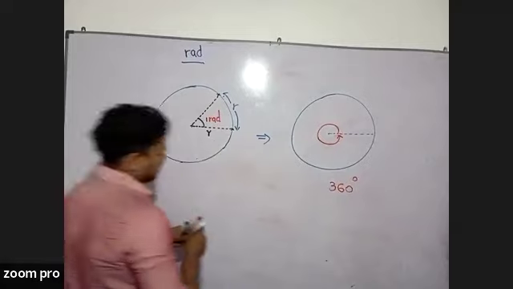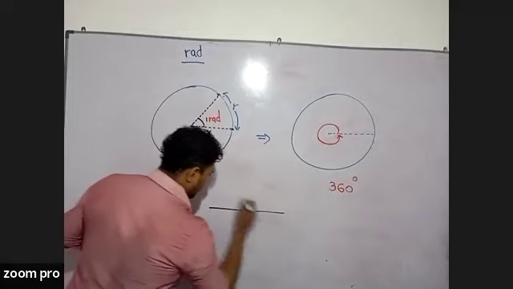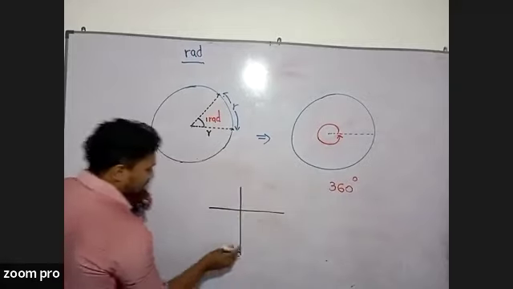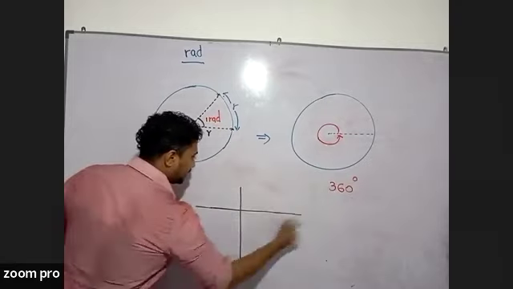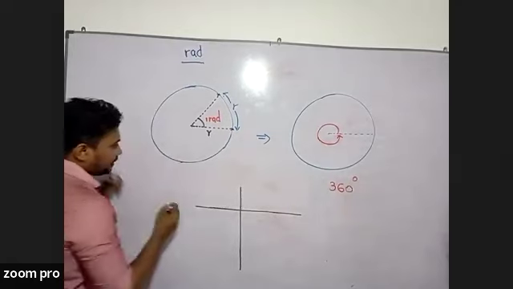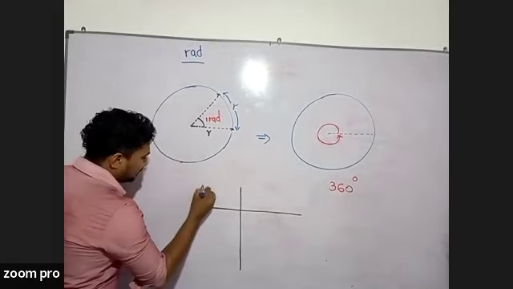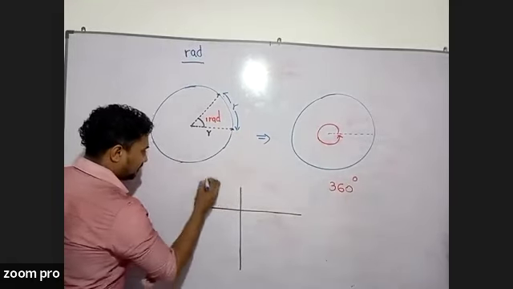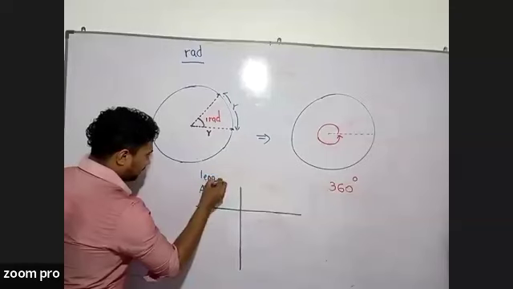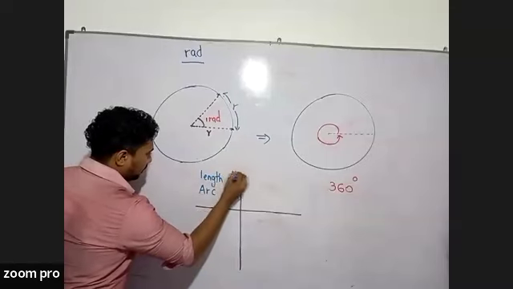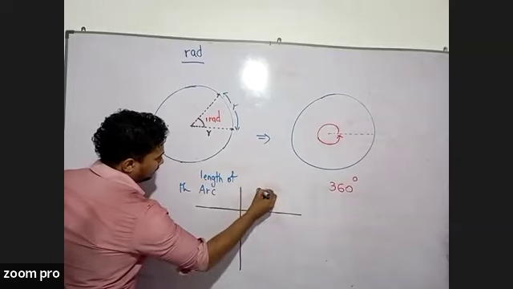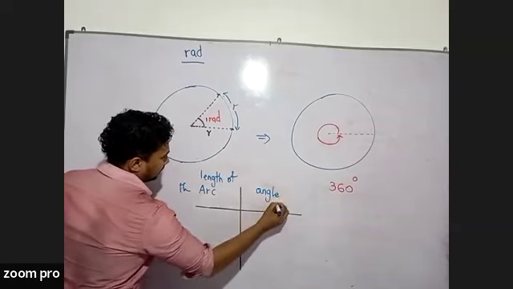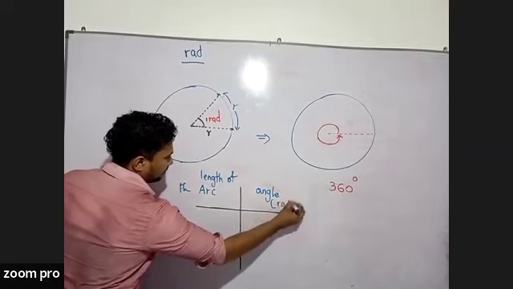I will make a little table for you. It will make it convenient to obtain the answer. So let's consider this column as the length of the arc, and on the other side, the angle in radians.